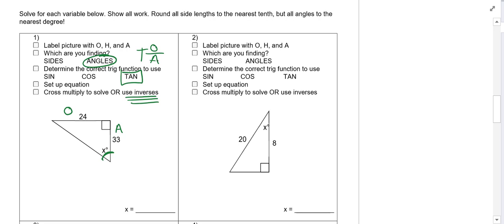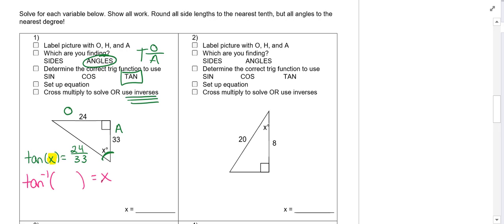So I'm going to set up my equation, which is always the same. Tangent of our angle is going to be equal to the opposite side over the adjacent side. Now in order again to free up my x, I need to use my inverse tangent. So I'm going to take the inverse tangent.